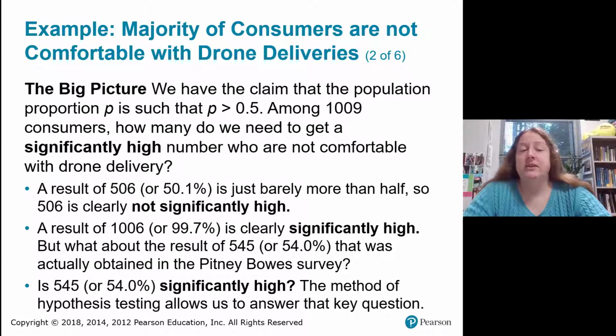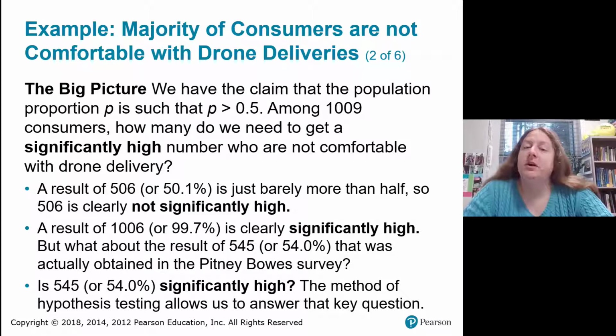If we had a result from our sample that 506 people, or 50.1%, that's just barely more than half, so that would not be significantly high. If instead 1,006 people were not comfortable with it, or 99.7% of our sample, that's clearly significantly high when we're looking for greater than 0.5, greater than 50%.